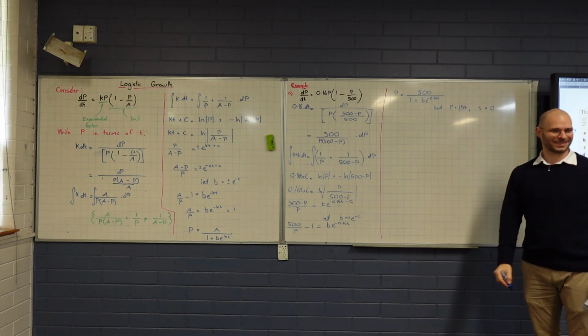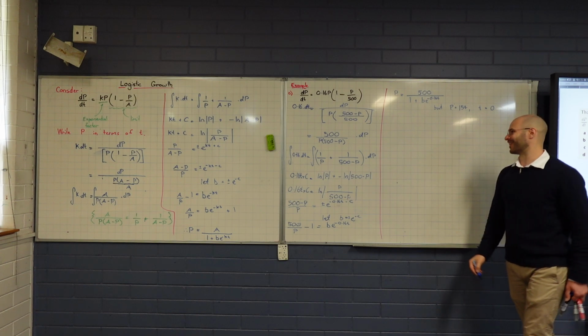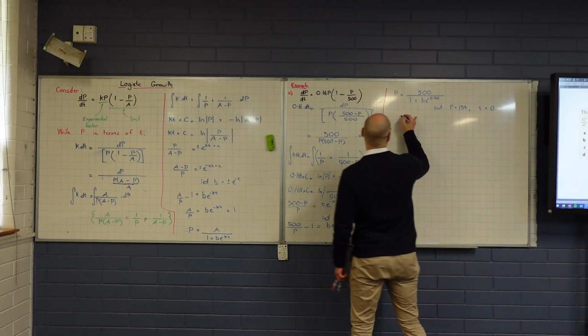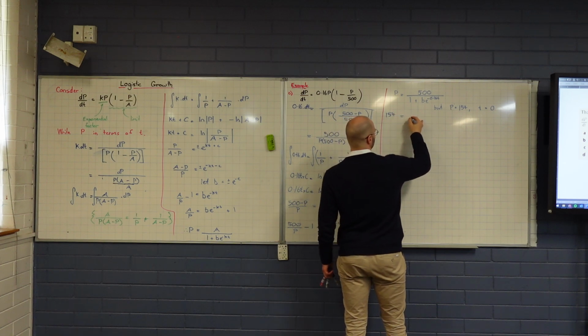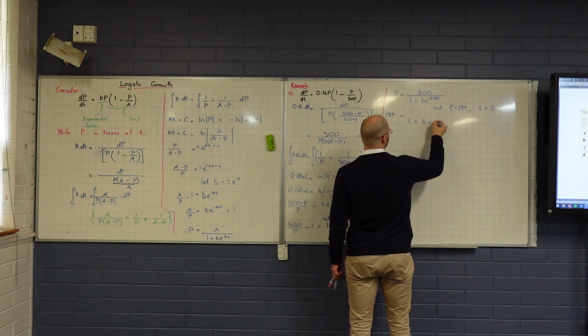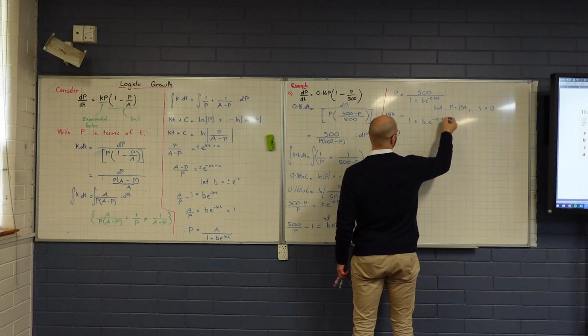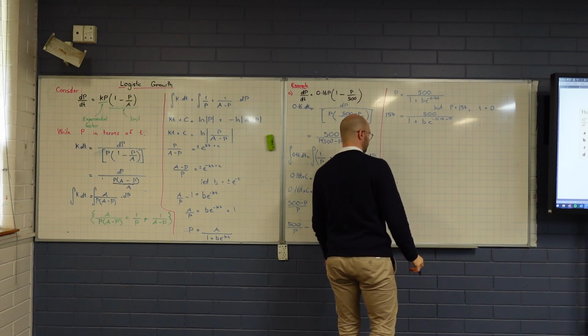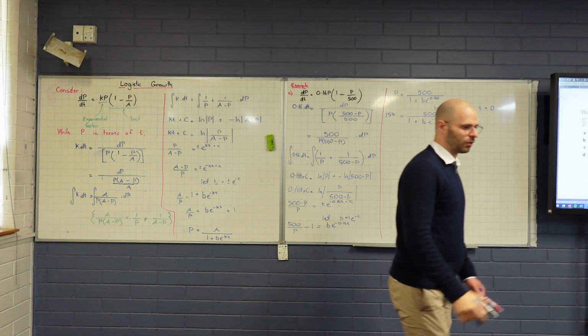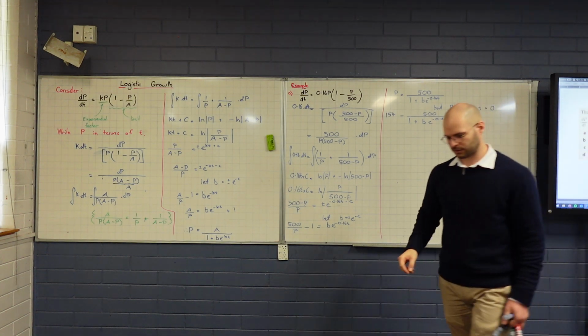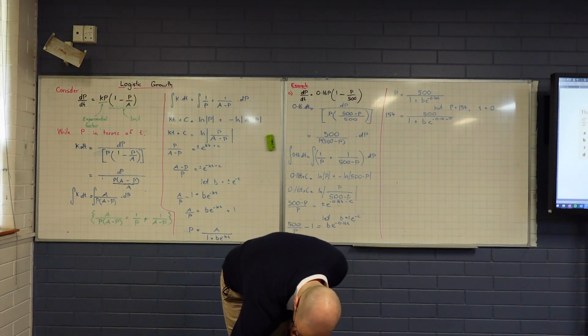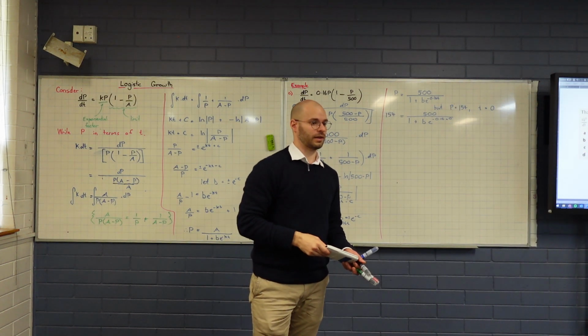Once more with confidence. 0. So you can simply sub in 154, and then that's 1 plus B e to the negative 0.16 times 0, 500. And then you could solve that. Now what's the most efficient way to solve that? Yeah, just use your calculator and the solve function.